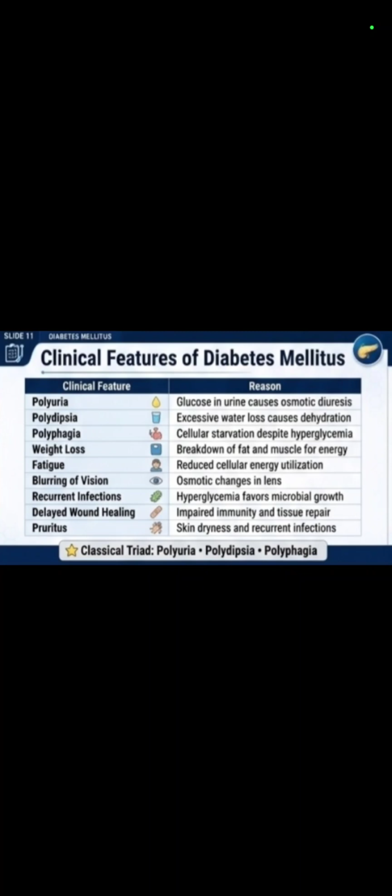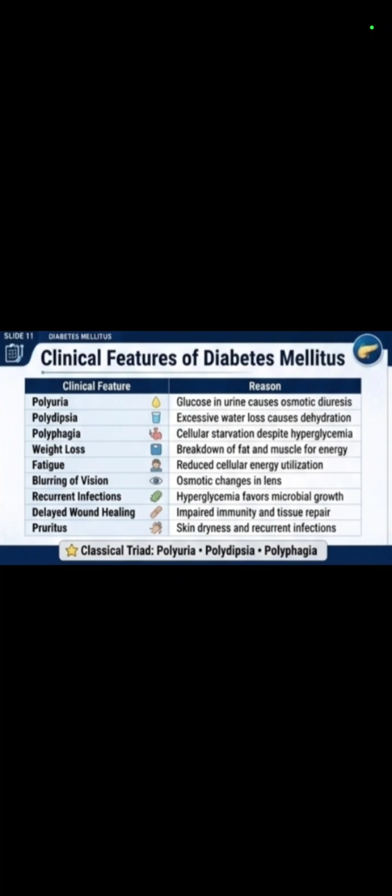Whenever we take food, the blood glucose level rises in diabetic patients. Then when the blood enters the kidneys for filtration, there should be normal reuptake of the water, but the glucose is drawing the water along with it, leading to frequent urination. Due to frequent urination, there is loss of body fluids leading to frequent thirstiness, so the patient feels polydipsia.